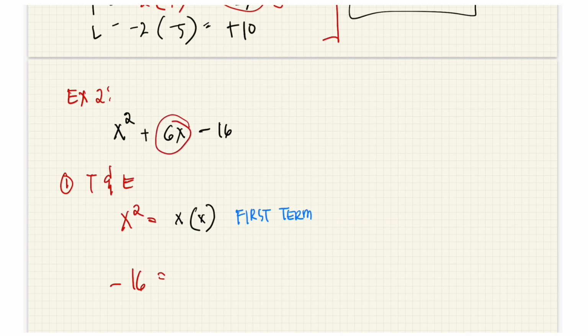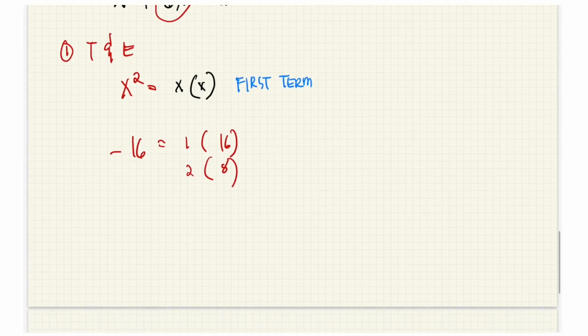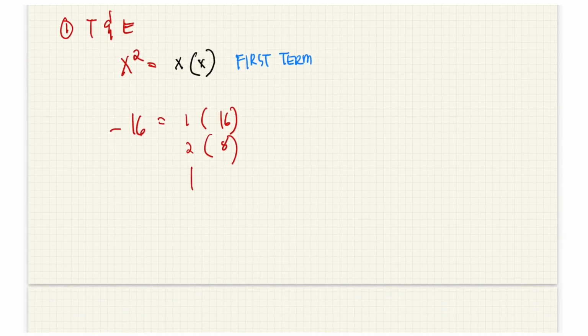So therefore we have 1 times 16, 2 times 8, and 4 times 4. These are the factors of 16. Now 16 here is our third term.